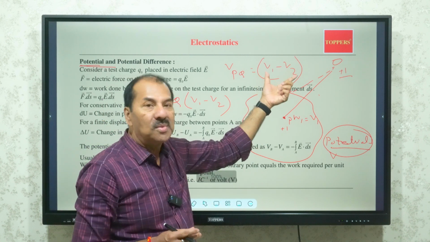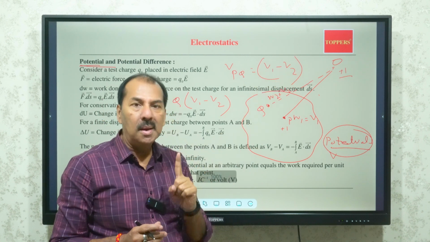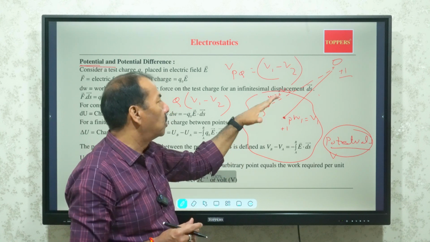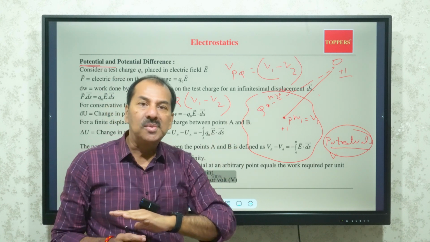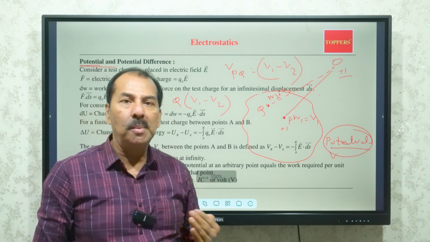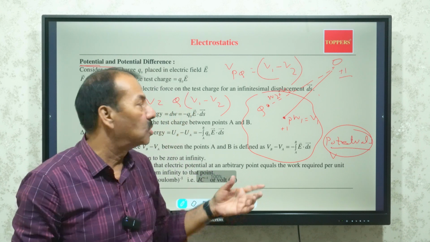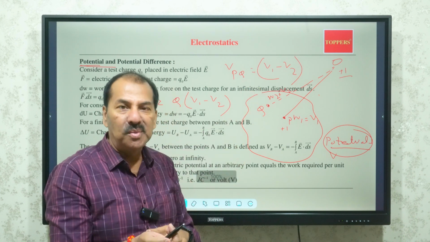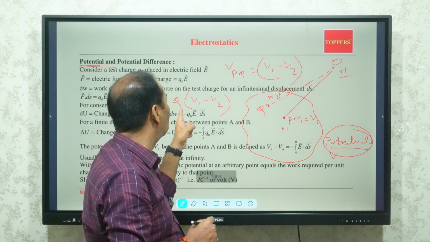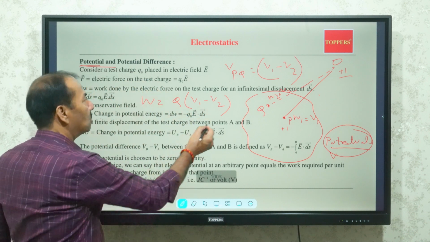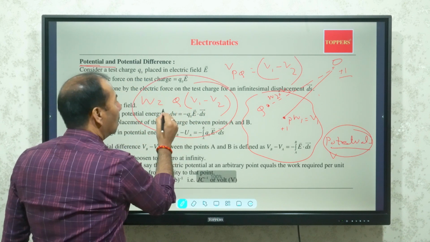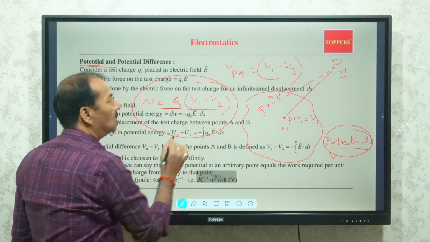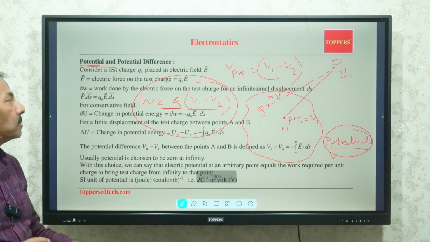So this is the potential difference in carrying a unit positive charge from one position to another. Now if instead of unit positive charge, Q amount of charge is carried from one point to another, for 1 it is V1 minus V2, so for Q it will be Q into V1 minus V2. So this becomes the work done in carrying Q amount of charge from one position to another position.